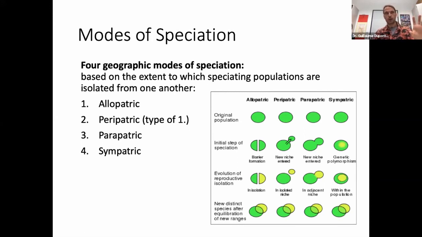So these are the main geographic modes of speciation. And when we discuss biodiversity later in certain case studies, we have to consider those mechanisms. Which one could have resulted in the specific examples we are going to discuss? So try to remember some of them. It's not a large number.